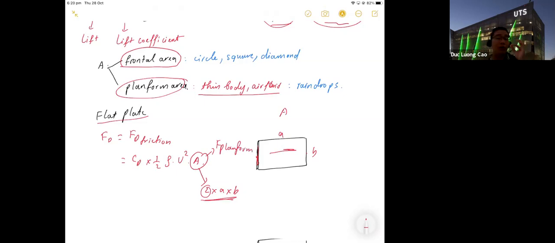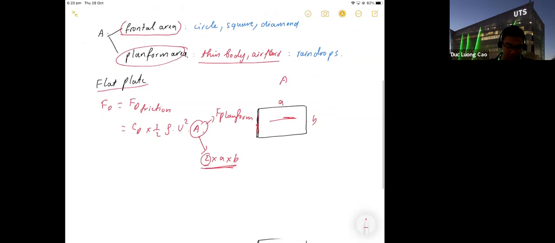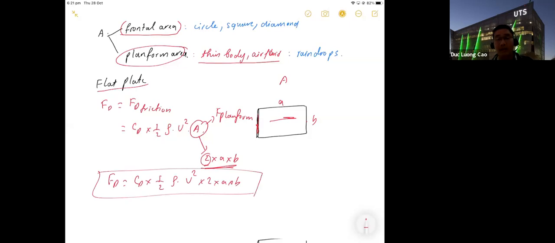Because this is a thin body, we use the planform area, which is A times B, but we have two sides, so you have 2 here. So the equation for FD of flat plate is CD times 1/2 rho V square times 2 times A times B. This is just only for flat plate.